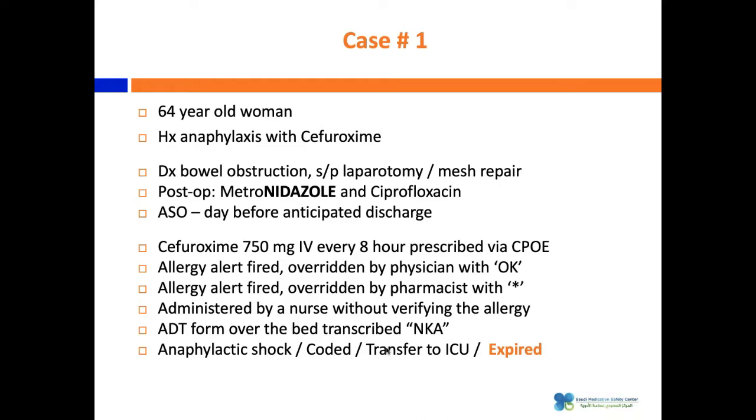I'll give you 1 minute to type it. He gave her the first line of therapy and stabilized the patient, and they educated her that she has anaphylaxis to cefuroxime, so she needs to be careful in the future and not take this drug. They also documented in our health informatics system that she is anaphylactic to this drug.